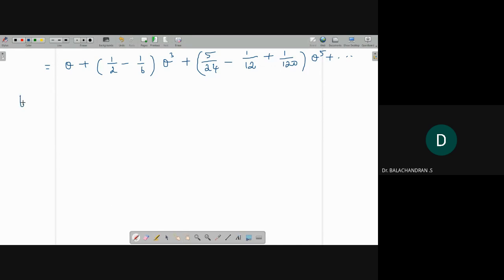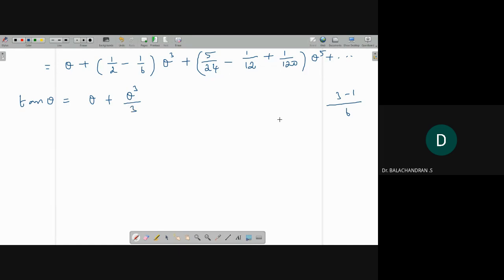Left hand side is tan theta equal to theta plus, if you take 6 as LCM, 3 minus 1, so 2 by 6 or 1 by 3, so theta cube by 3.